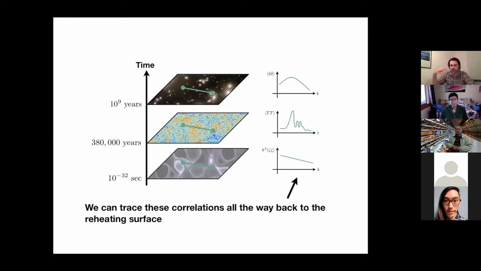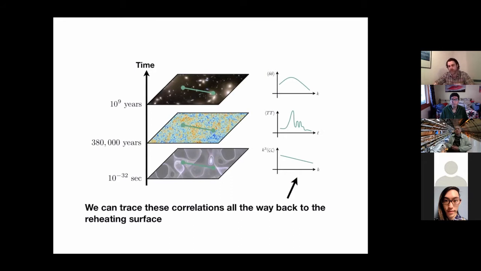It's this reheating surface at the end of the period of the early universe that we think was a period of inflation. And the remarkable thing is that the further we trace these correlations back in time, the simpler they seem to get. On this late time surface that provides the initial conditions for the hot primordial plasma that then forms the CMB, the correlations are of a simple power law form of nearly scale invariant type.